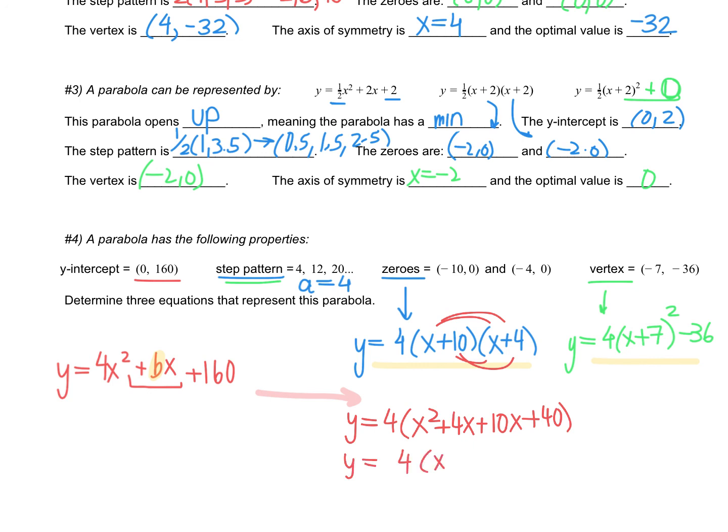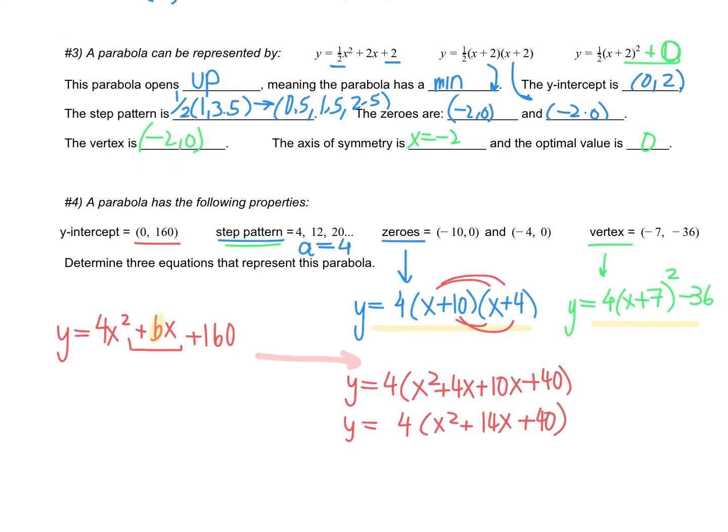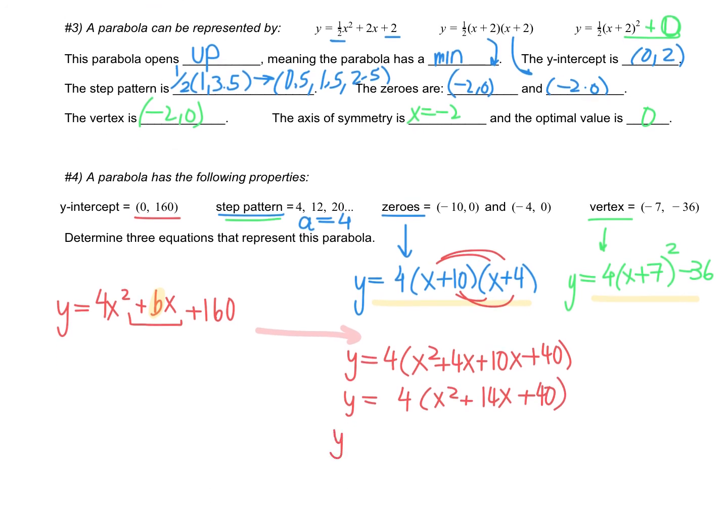I'm going to collect my like terms first so that I have 14 x's. And then I'm going to distribute the 4 in to finish this off. So I have 4x squared plus 56x plus 160. And I know I've done it right because I see that y-intercept that the question told me about. So there we are.